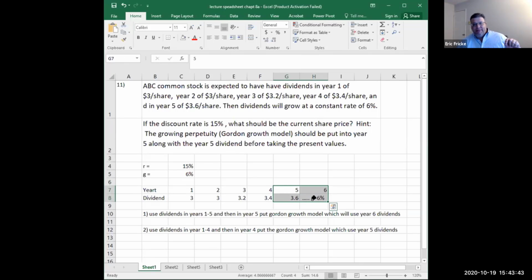And we know from the equation we just looked at, the Gordon growth model always has the next year dividend, after we're done taking the present value of all the dividends.